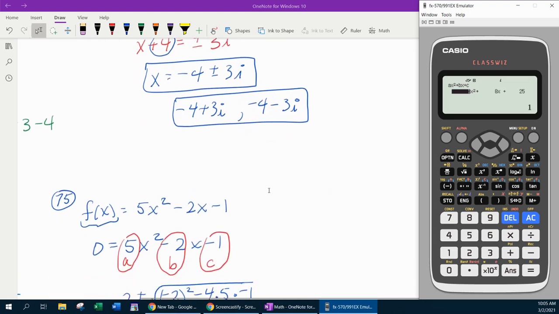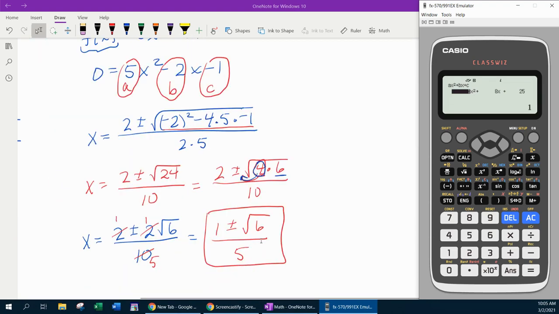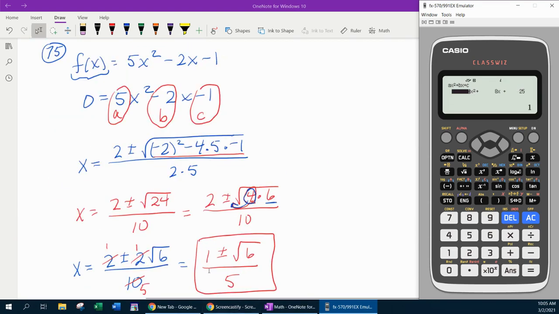Okay, but will it give us irrational solutions? I wonder if it'll give me these answers exactly. Let's try number 75 real quick. So, A was 5, B -2, and the constant -1. And look at that.